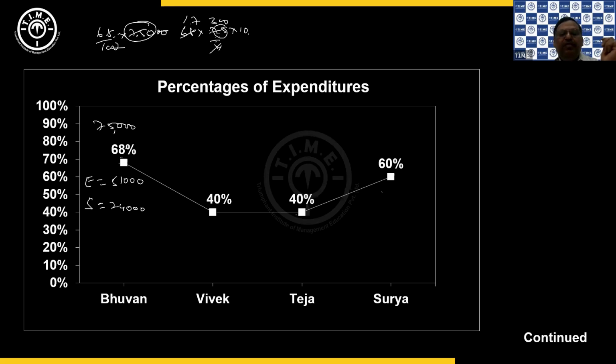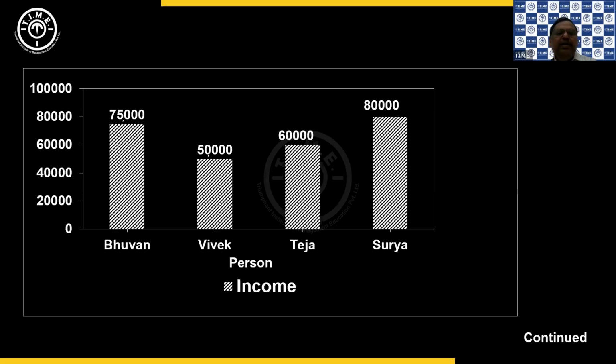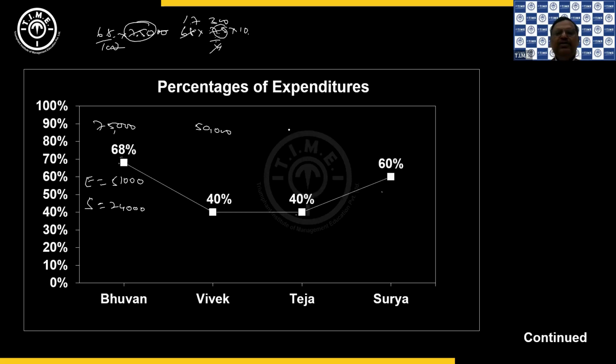Next, take Vivek. Vivek's income is 50,000. You can see the incomes are 50,000, 60,000, and 80,000. Let's calculate. Expenditure is 40%, and 40% of 50,000 is 20,000. Savings is going to be 50 minus 20, 30,000.